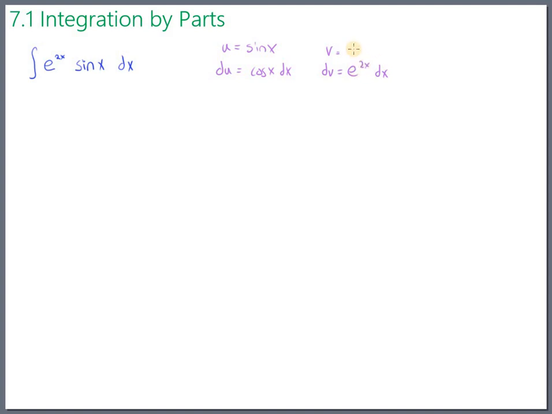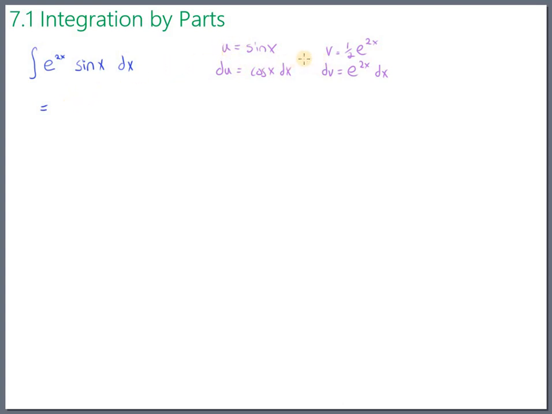U would be 2x, and I'm not going to run through that, but we've done that before, it ends up being 1/2 e to the 2x. And this is a little worrisome because I think you can already see when we write the integration out, the new integral is not necessarily going to be easier than the old one. But let's go ahead and try it.